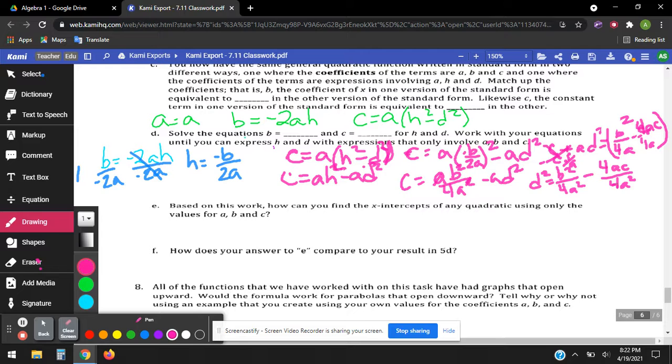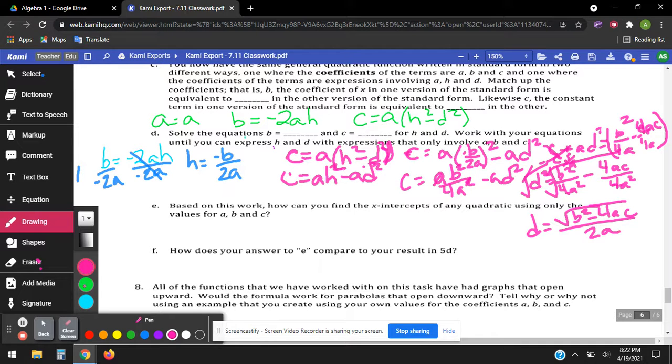And then I need to do my square root to undo that. And so I'm going to go down here and do this. So d equals the square root of b squared minus 4ac, and I can do the square root of 4a squared, and it's 2a.